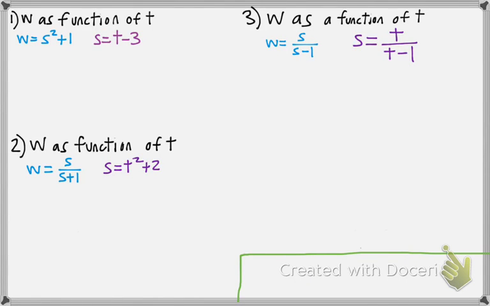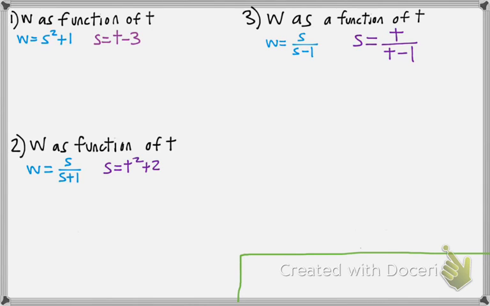On section 5.4, we are going to be asked questions where they want us to express formulas with one variable in terms of another. So 1, 2, and 3 want a formula for w as a function of t. And they give us two functions at the start, where they do give us w as a function, but it's a function of s.